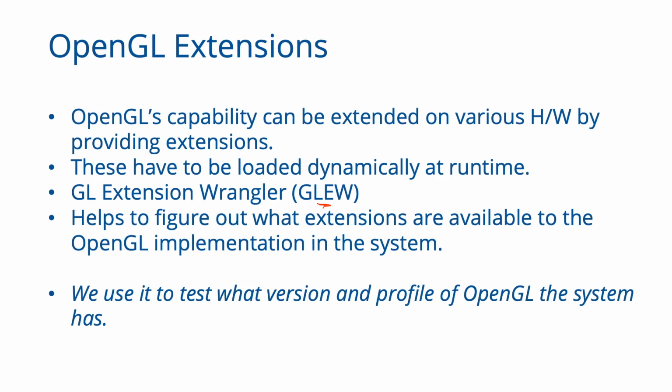Okay, so you will see that we ask for a particular OpenGL major version, a particular OpenGL minor version, and whether shader-based OpenGL is available on the system or not. So we are only using very minimal capabilities of GLEW, and that too in the very initial bootstrap part of the code, and then we don't use GLEW at all. So there are like a handful of GLEW calls, and then GLEW is not used.